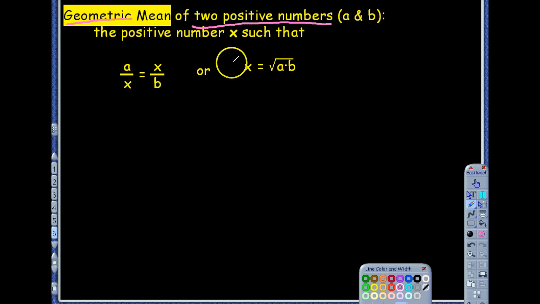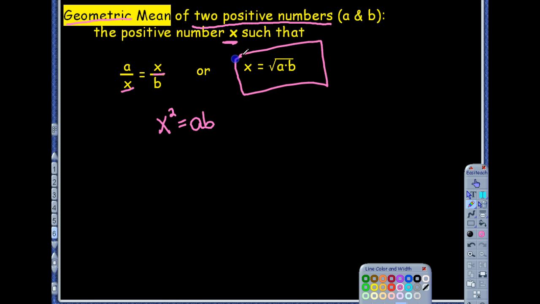So 2 positive numbers, A and B, and the positive number x, such that we can write this proportion: A over X equals X over B. Notice this looks just like that last example that we had, where the X's are our means. We took X squared equal to AB when we cross multiplied. But I want you to realize that when we took our square root, the X value was equal to the square root of the product of A and B. This right here is the formula for geometric mean.